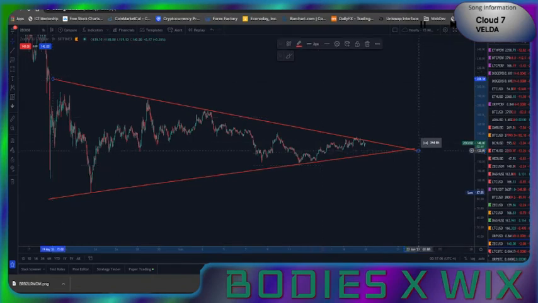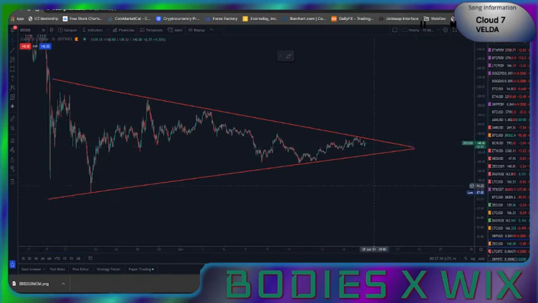I'm trying to draw the perfect triangle for you guys. And I'm sure this is probably what everybody has on their charts as far as ZCash is concerned. No. Okay. Just no.